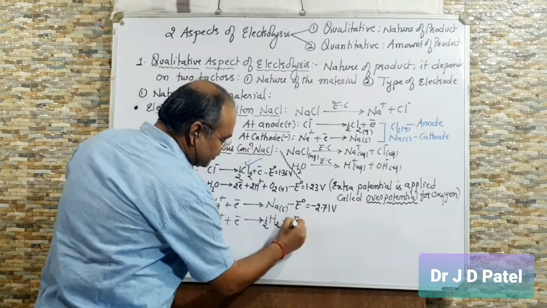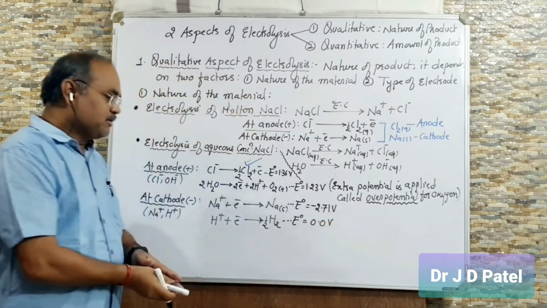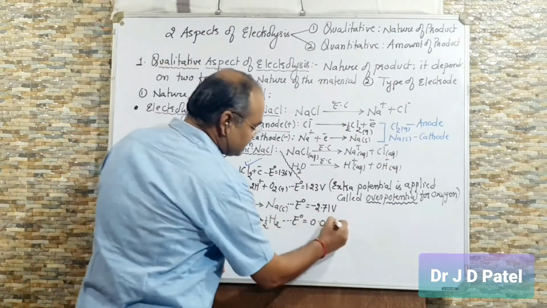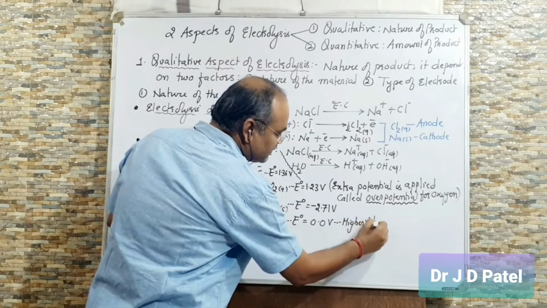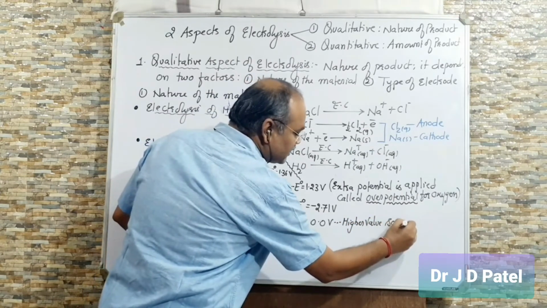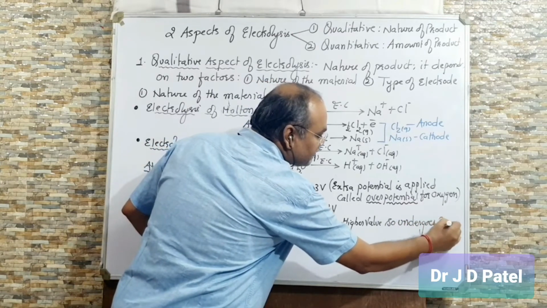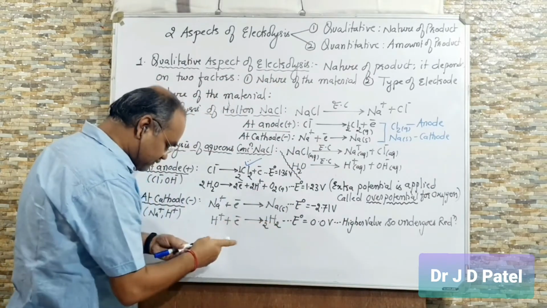And for H2 we know it is 0.0 volt. Now out of these two values, which is higher? This is higher, so it undergoes reduction. If H plus undergoes reduction, the product obtained will be H2.